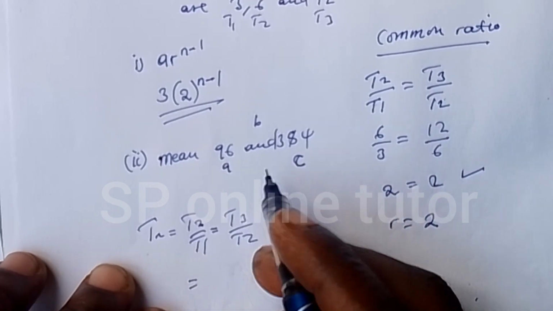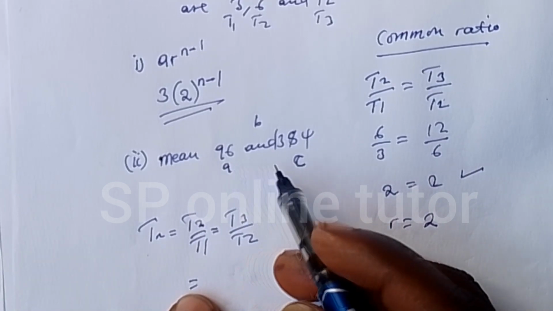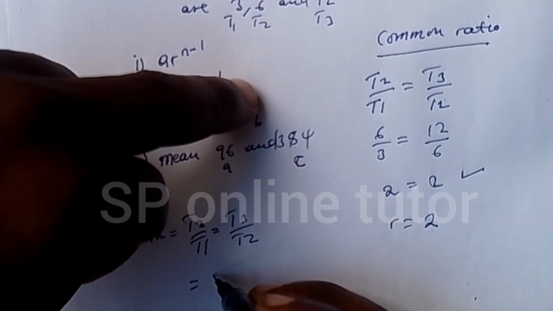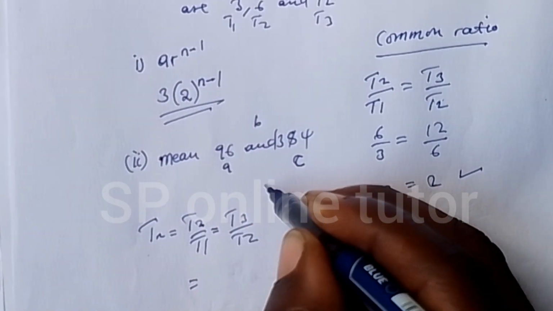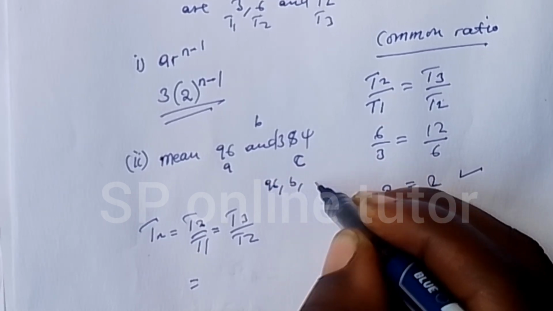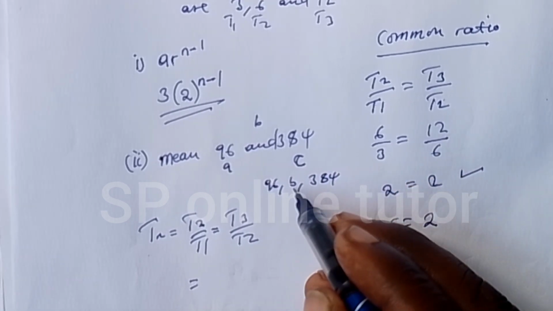Here T1 is A and T2 is B, so where there is T2 we put B. These numbers are like this: 96, B, 384. So this is our second term here.